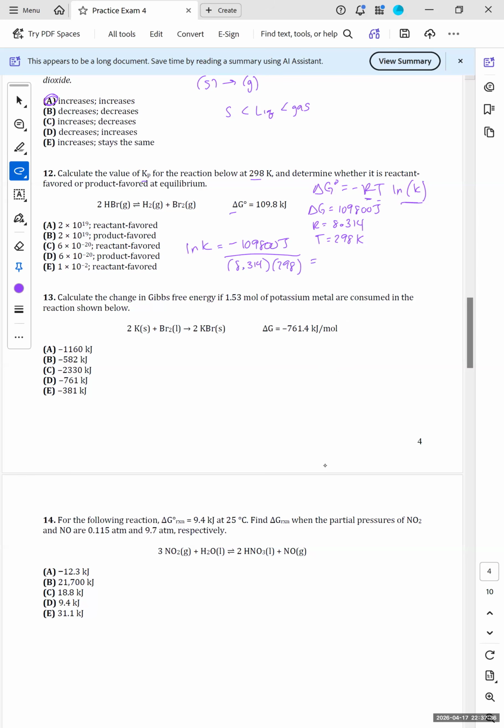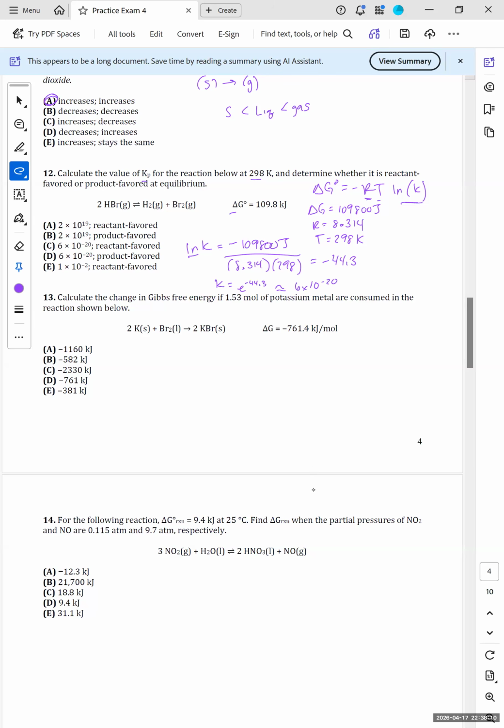That should give me negative 44.3. So now I want to get rid of my natural log. So I have K is equal to e to the power of negative 44.3, which should roughly give me 6 times 10 to the negative 20.